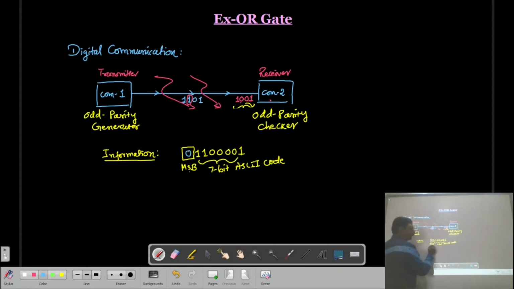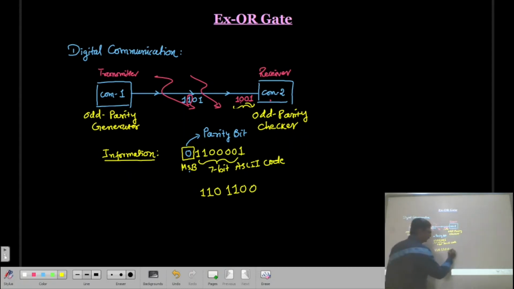So this MSB bit is also known as a parity bit. Suppose the information is of this kind: 1101100. This kind of information we have. Then you can see this is going to be with the even parity.